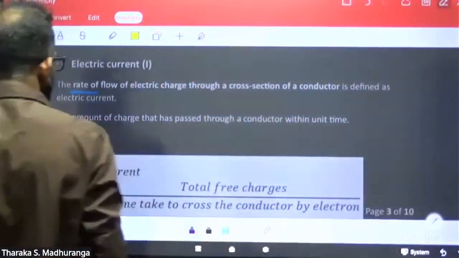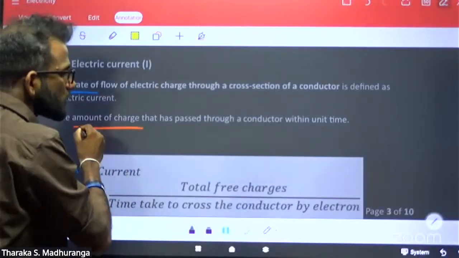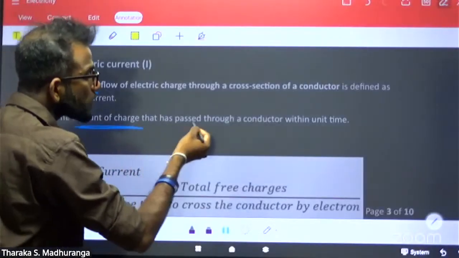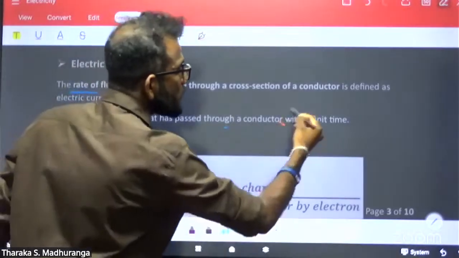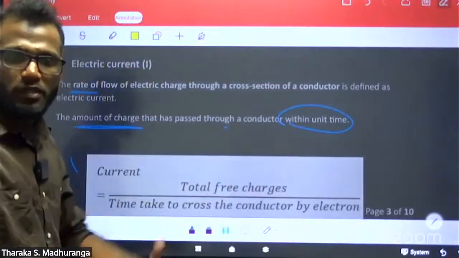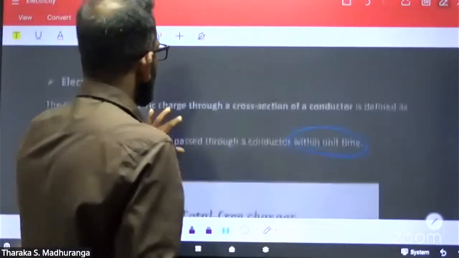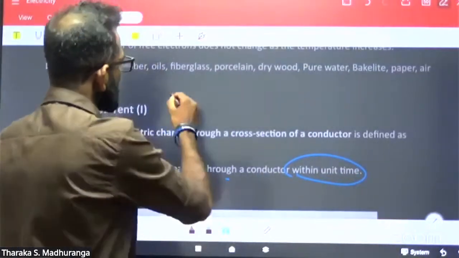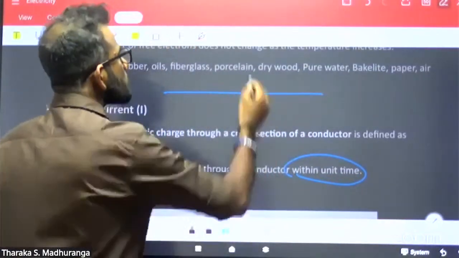In other words, the amount of charge passed through a conductor within unit time. Think of a small conductor.